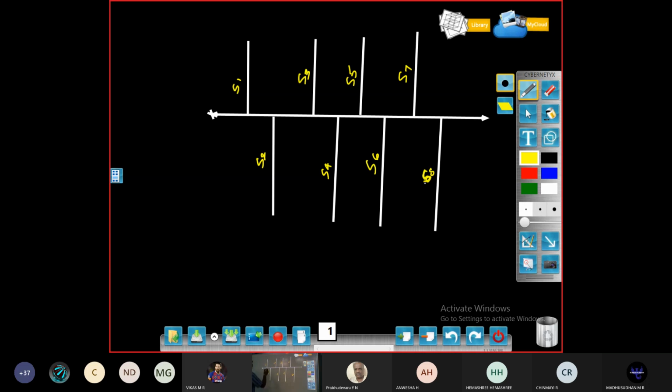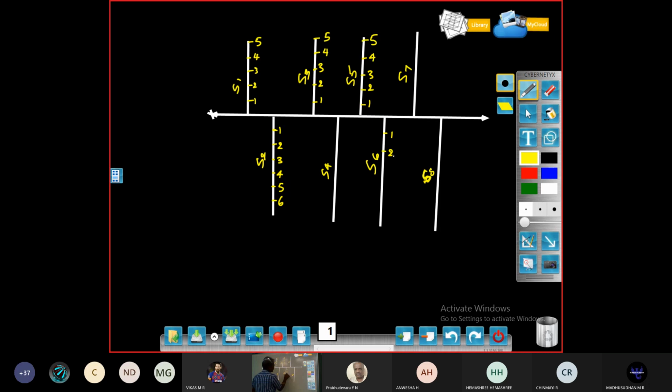Each street will have so many houses here. Let us write this is house number 1, then 2, 3, 4, 5. Every street has some houses: 1, 2, 3, 4, 5, like this. Here also house number 1, 2, 3, 4, 5.